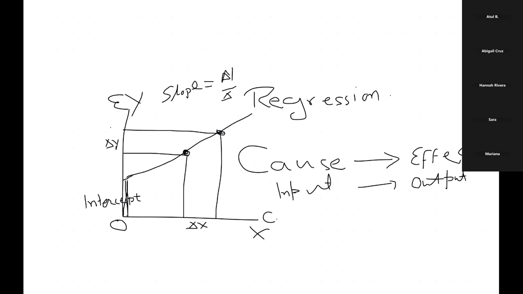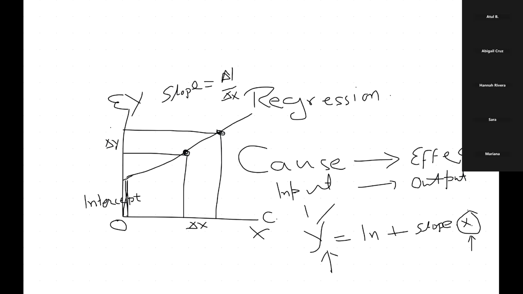So a simple regression is y equals intercept plus slope multiplied by x. This is the cause and this is the effect. If you make the model based on the data, and you put the value of cause, you can get the result of effect.